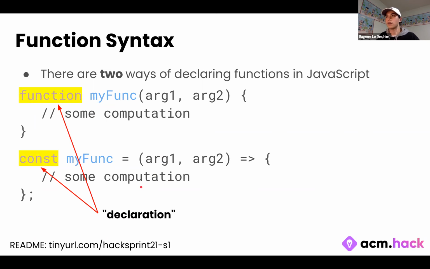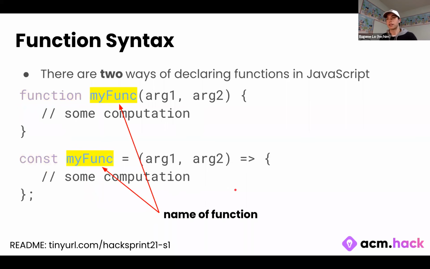Okay, so it might seem like these two ways of writing functions are a little bit different, but if we dissect them a little bit, we'll notice that there's a lot of parallels between them. So first off is you need some keyword to signify that it is a function declaration. For the top one, you use the literal word function, and for the bottom one, it's const.